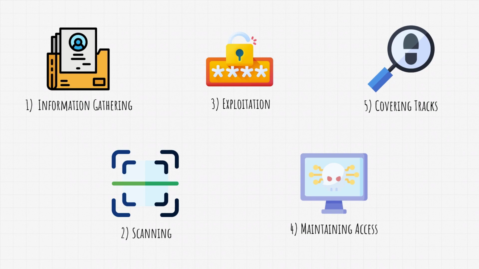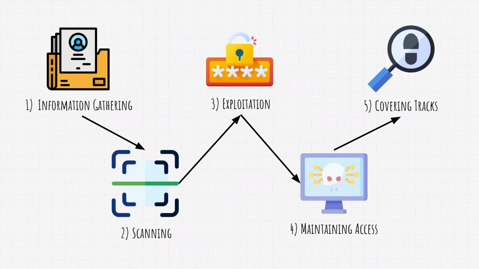Keep in mind that these steps should be performed in order, and one more important thing: in case you're a beginner, you might think that the third step, exploitation or gaining access, is the most important step of the process. Even though it is very important and crucial, the most important steps are actually information gathering and scanning.